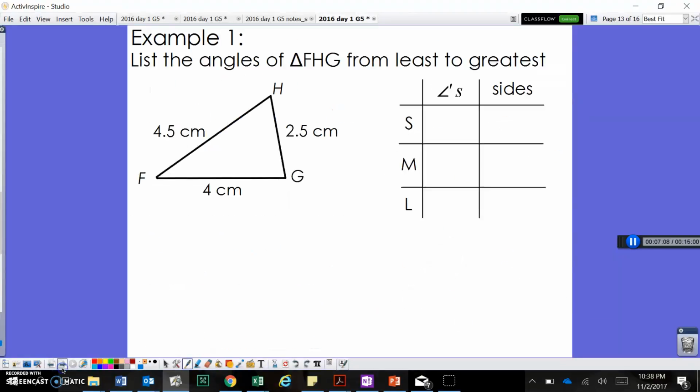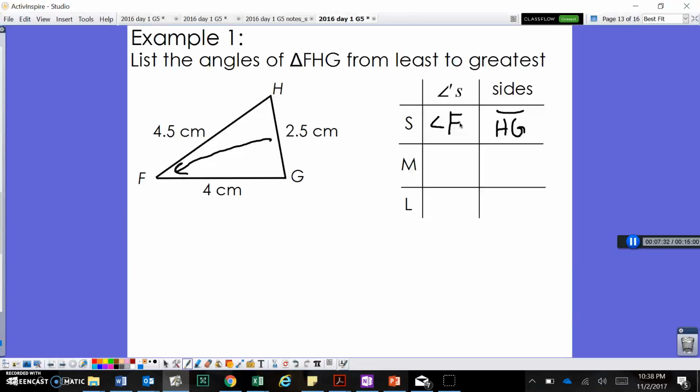Okay, so let's look at some examples. Example 1, list the angles of FHG from least to greatest. Our smallest is side HG, so angle F will be our smallest angle.